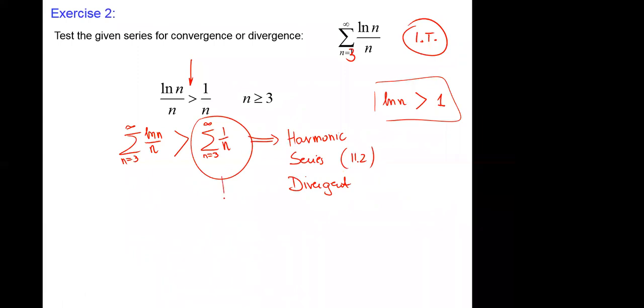Of course, I can also say the p-value is 1, it's the p-series, and the p-series is divergent because p is exactly 1. That's the same thing, but for this one, 1 over n, we just call it harmonic. You can check section 11.2. Now let's come back to our comparison.